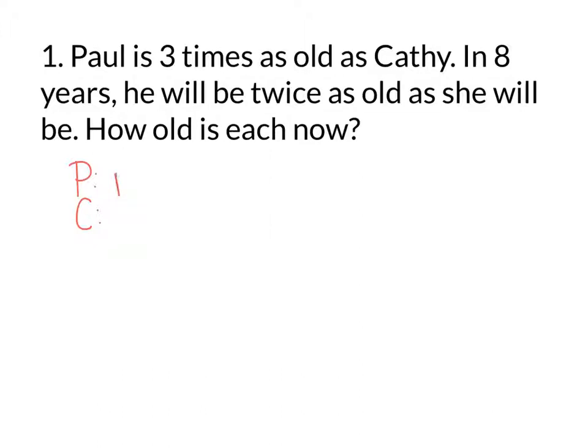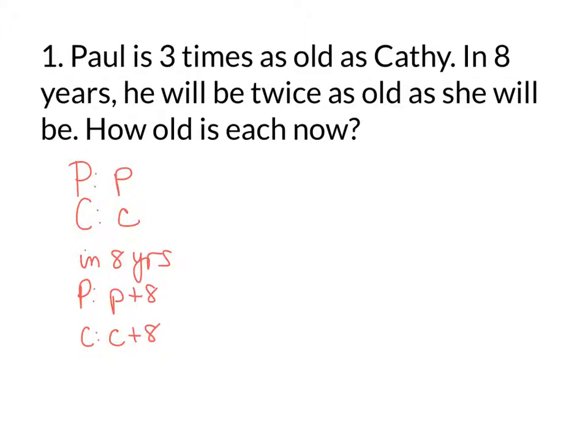I'm going to use P. How old is Kathy? C. But in 8 years, how old are they going to be? Well, in 8 years, Paul is going to be P plus 8, and Kathy is going to be C plus 8.